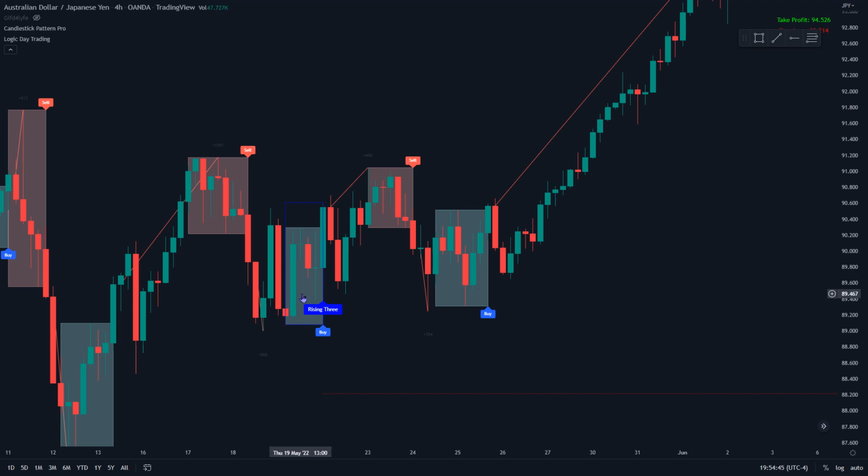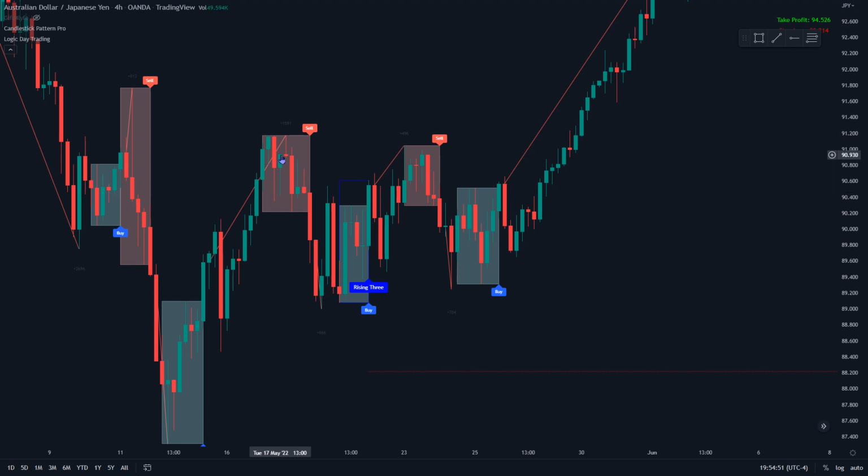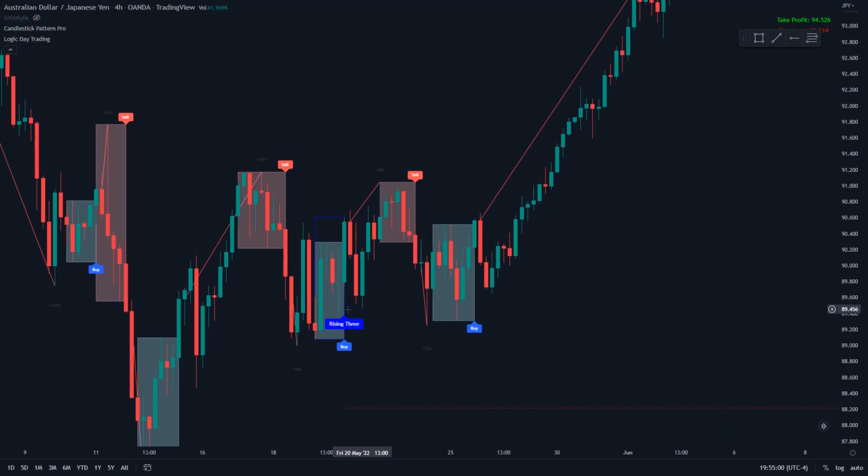In this example, this is like a double confirmation. You see a big up move, it comes down, and logic day trading finds this high probability zone for price to push up from.